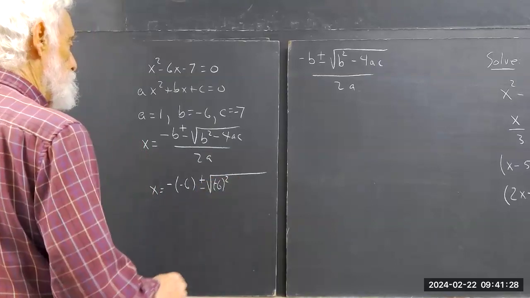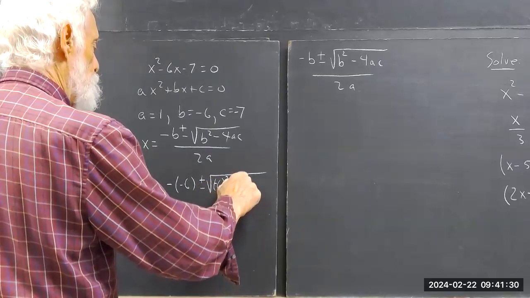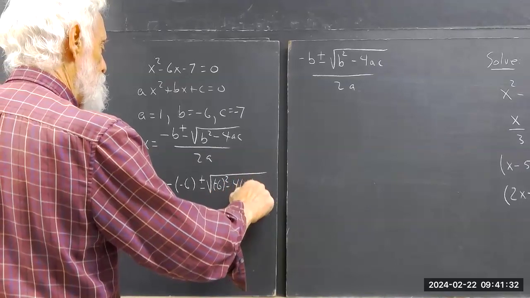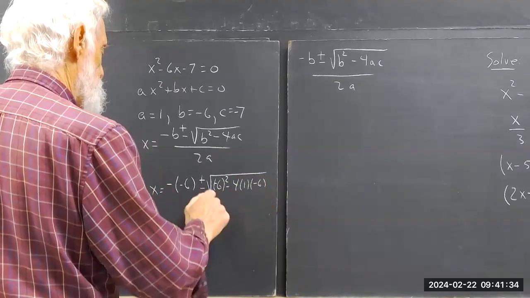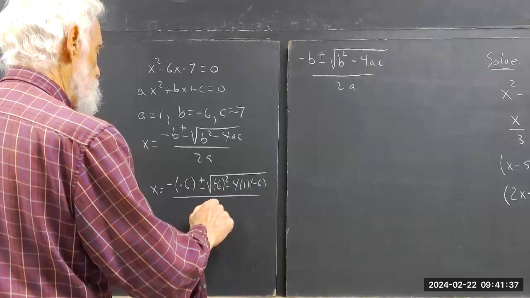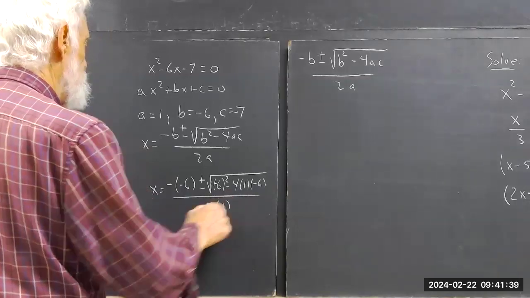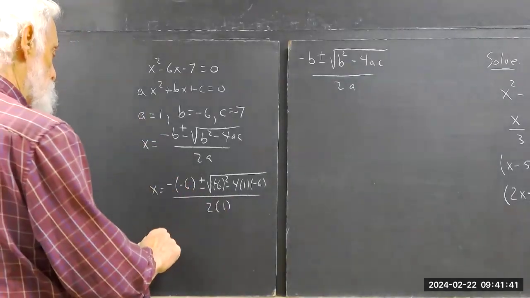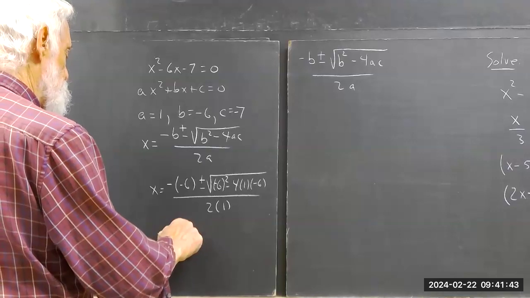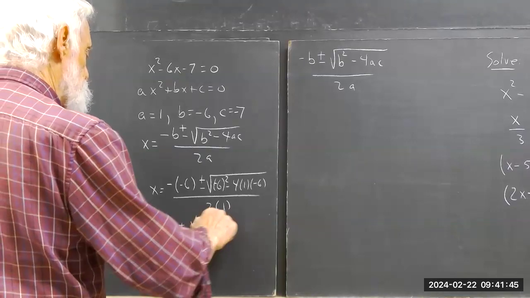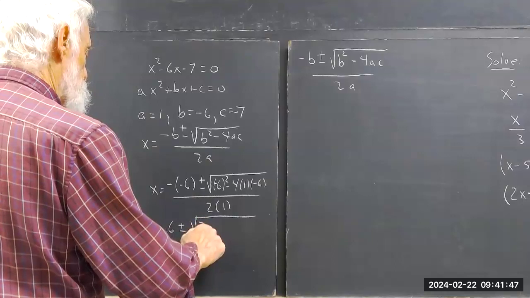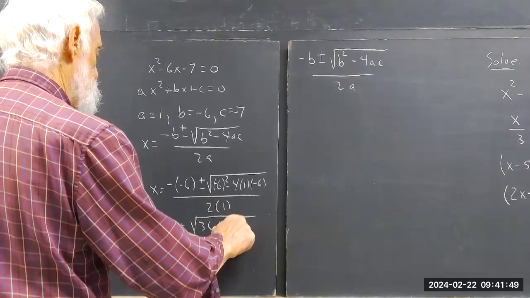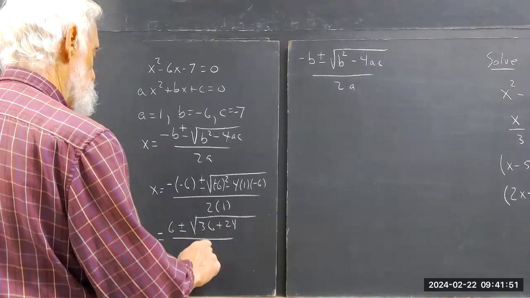Make sure we see that negative in there. Minus 4 times a times c. All that divided by 2 times a being 1. And then we just do the arithmetic. We get 6 plus or minus the square root of 36 plus 24 over 2.